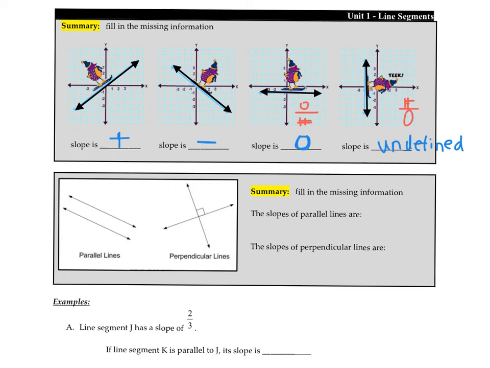The other thing I want us to summarize is about parallel versus perpendicular lines. The slopes of parallel lines are equal. They are the same. If our lines are traveling in the exact same direction, that means if we were to create a right triangle, our rise and our run would be identical. For perpendicular lines, the slopes are negative reciprocals.